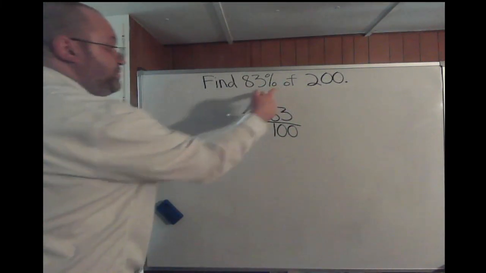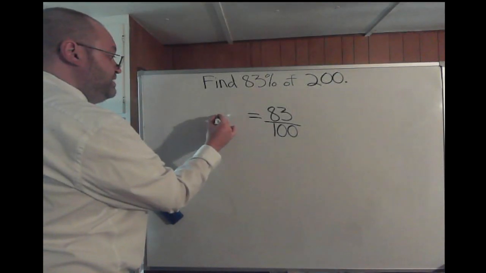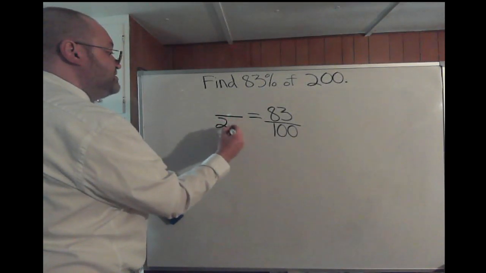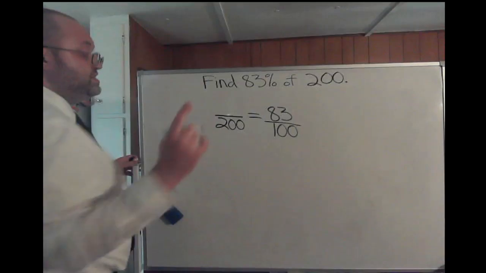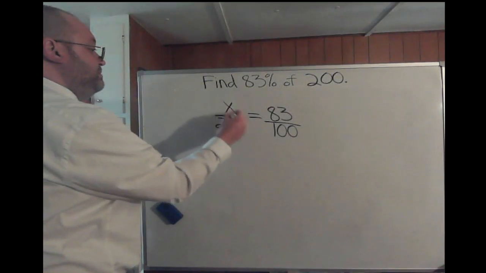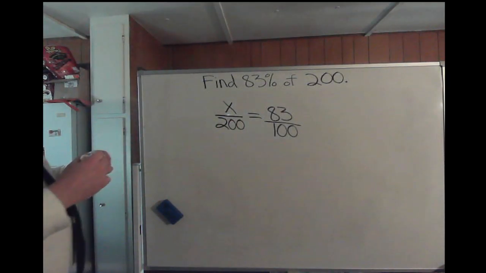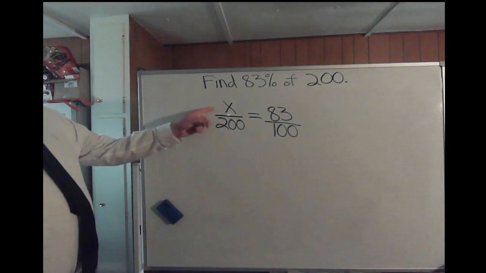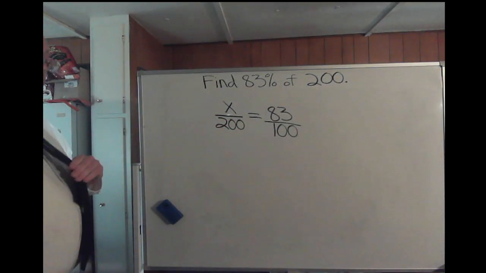Now, they want 83% of 200. That tells you that on the left-hand side, your denominator is out of 200. What we don't know is the number that's 83% of 200. So, we've set up our proportion now.